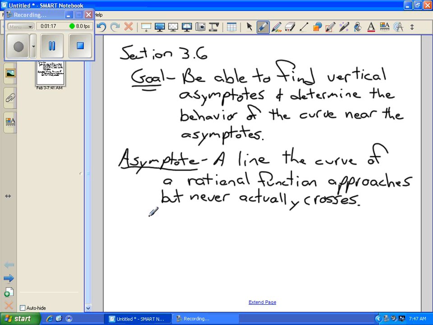Okay, and then we're going to talk specifically about vertical asymptotes. Those are lines. The line would be straight up and down, a vertical line.